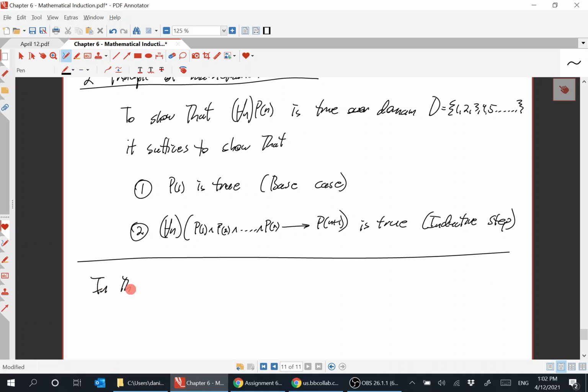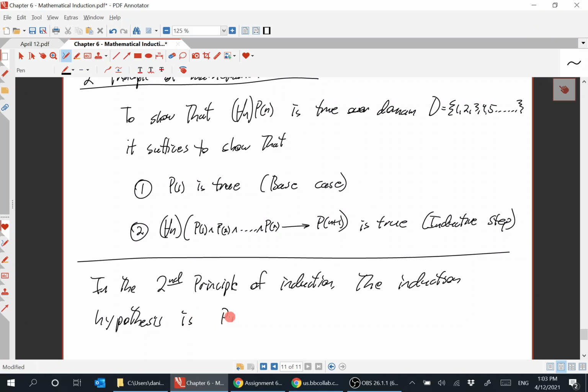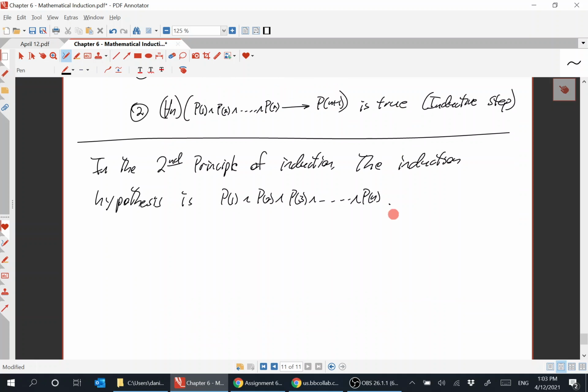In the second principle of induction, the induction hypothesis is this right here: P1 is true, and P2 is true, and P3 is true, and all the way up to Pn, rather than just Pn, as in the first principle of induction.